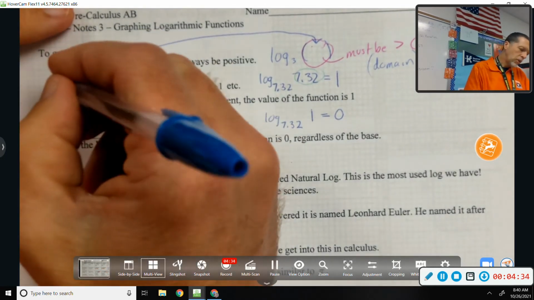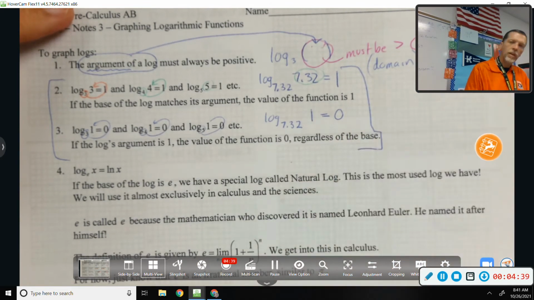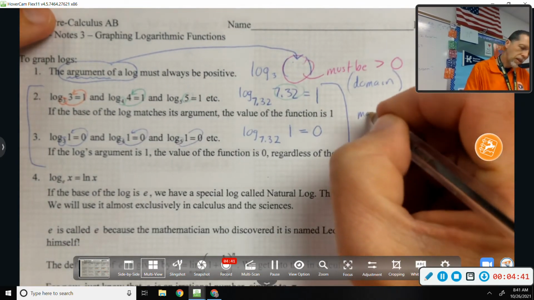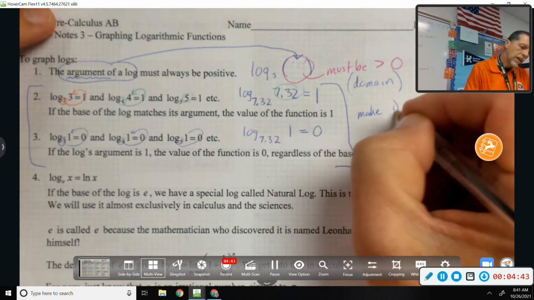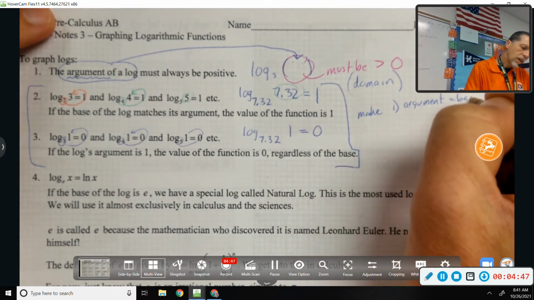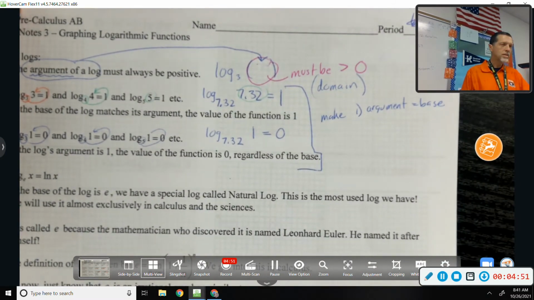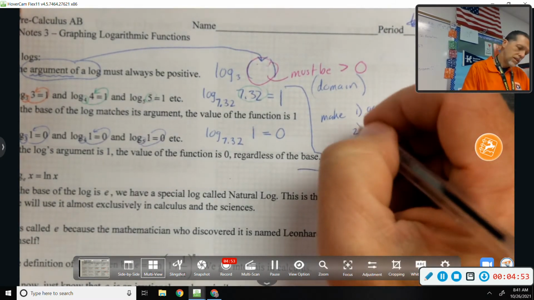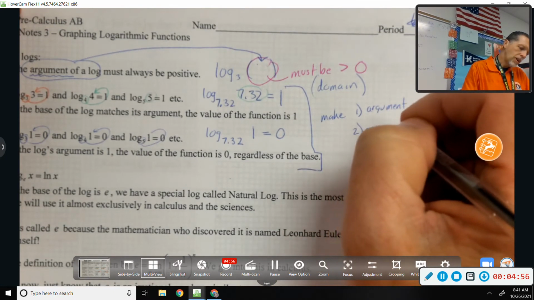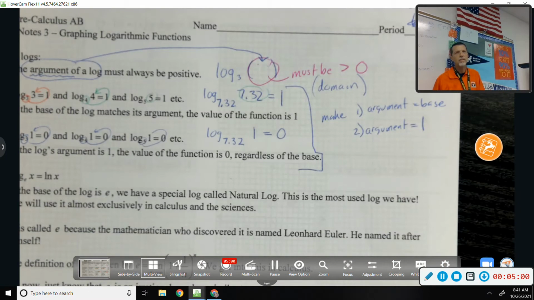So you put 2 and 3 together and you get the idea that we want to make the argument equal the base, because that makes an easy log problem. And we want to make the argument equal 1, because that also makes an easy problem.